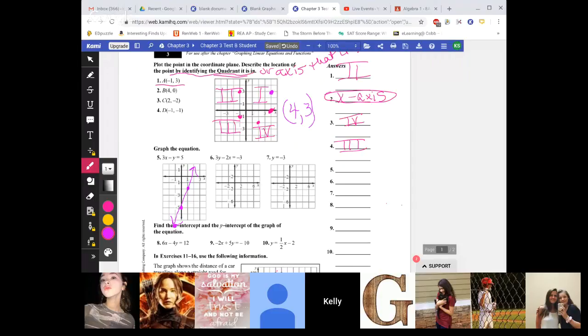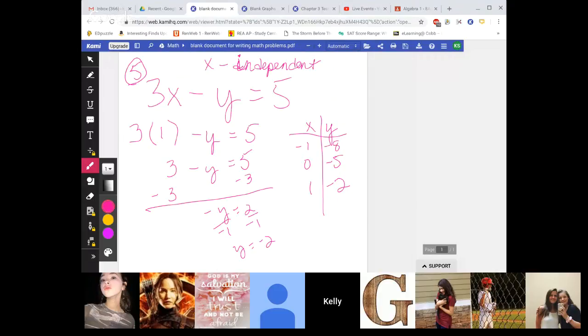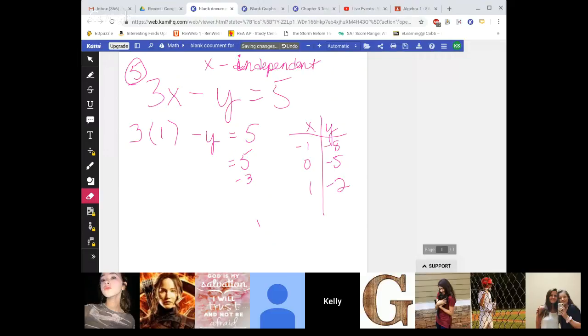Okay, that's one way to do it. The other way that you could have done this is by finding the x and y intercept. I've already found one of those. Can anybody tell me which one this would be?